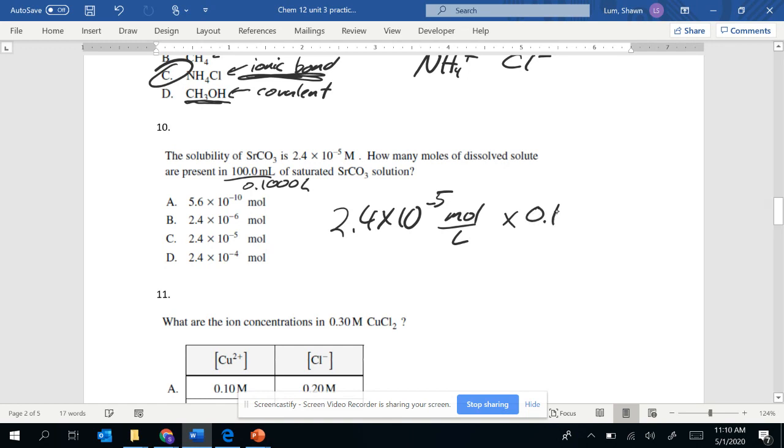So the 0.1 liters cancels out, and then we're left with 2.4 times 10 to the minus 6. So nothing super tricky about that. I think a lot of people, when they do this, will be overreading it and thinking about it a little bit too much.